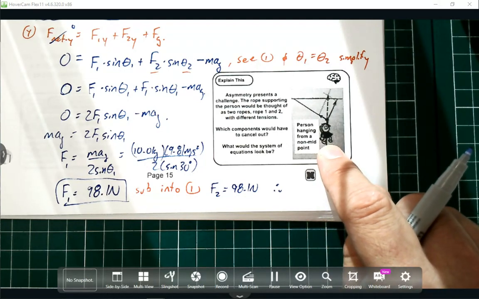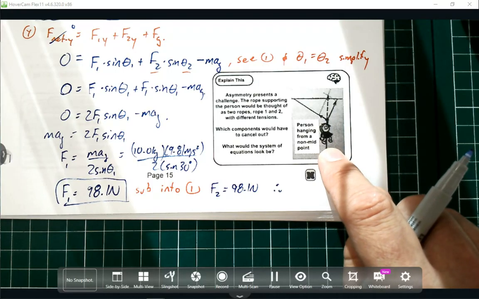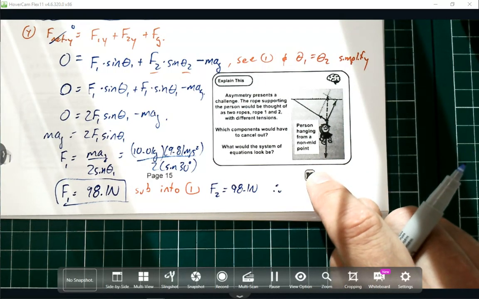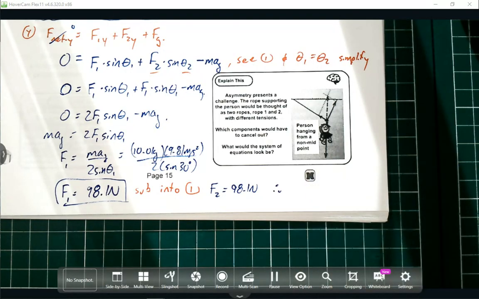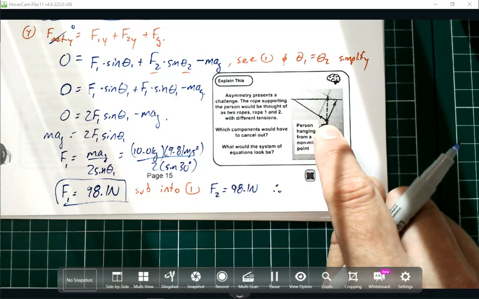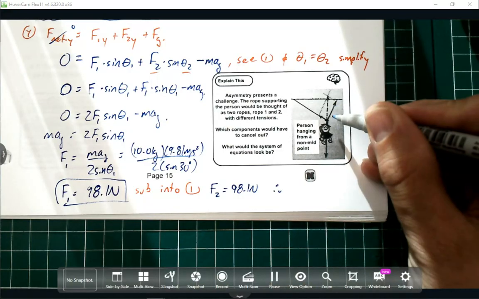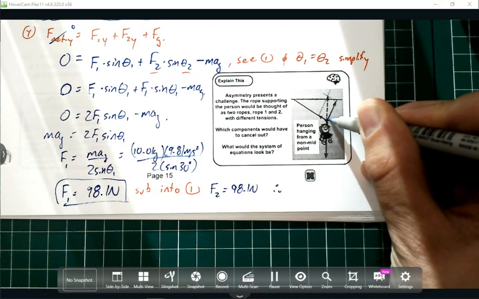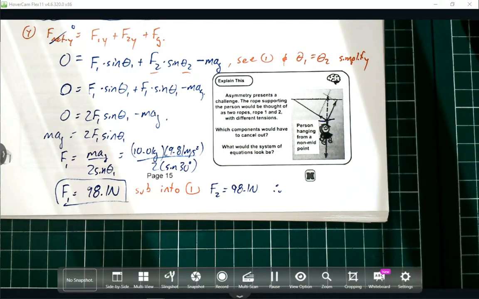But if you just change it a little bit, if you have, what's this person's name? Did I give her a name? I think in the original textbook that I stole it from, they called her Little Susie. Anyway, if Little Susie was hanging from a rope, but not at the center, you can see that those angles there and there wouldn't be the same angle. And since they're not the same angle, what we did way back in the X thinking wouldn't be able to simplify in that way.